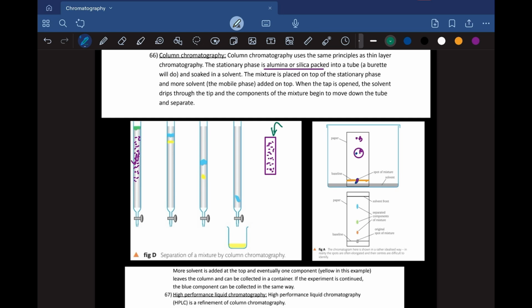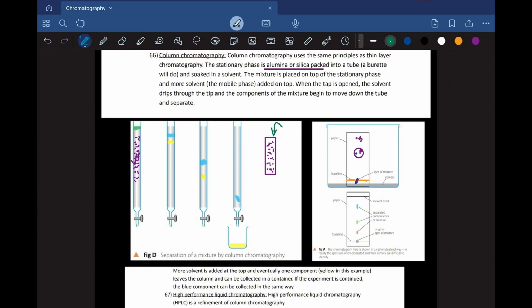Then I will put the mixture of amino acids, or the mixture of whatever we are carrying out the column chromatography on. You can say the reaction mixture as well. No, we are not actually reacting it, we're doing column chromatography, so we can say the chromatography mixture.